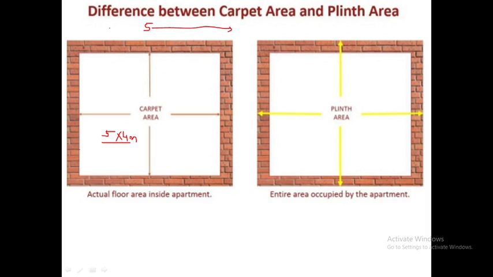Then the width is equal to 4 minus 0.2 minus 0.2. Then the area equals length into width. Then the plinth area means the area including the wall. That is, the total external area is called the plinth area. Total external area means including the wall thickness.